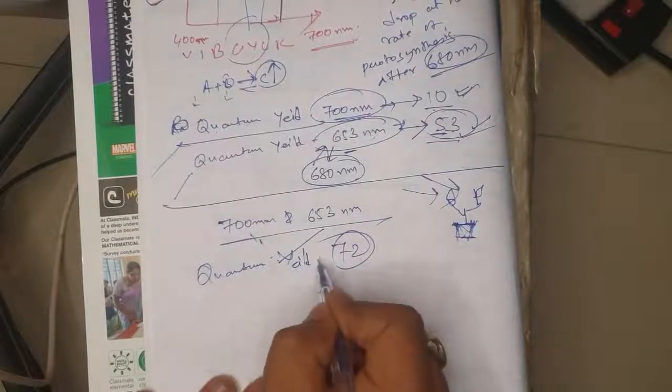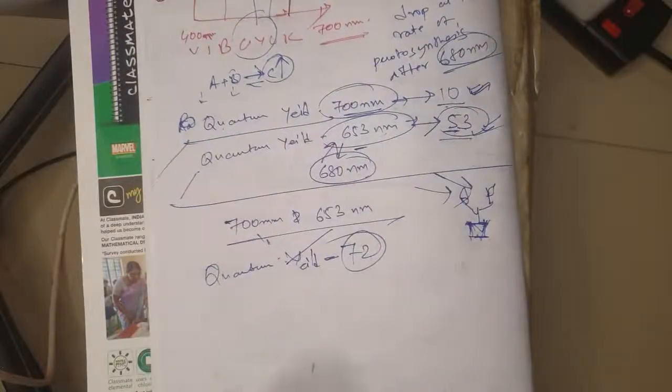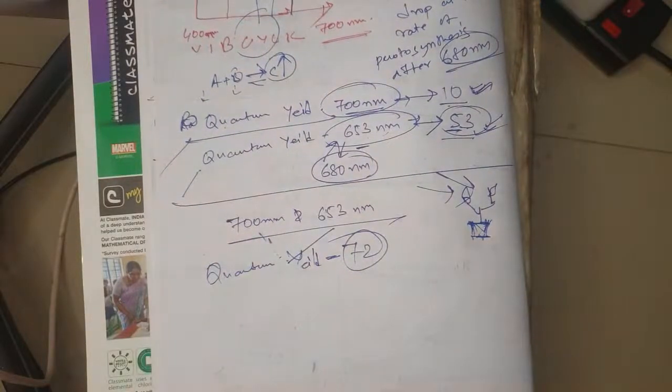Now this is something very interesting. 10 or 53 to 63 না, then why is it coming 72?